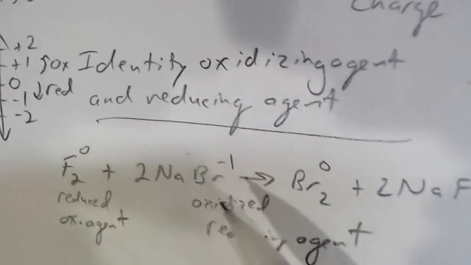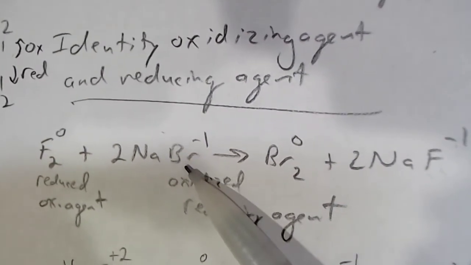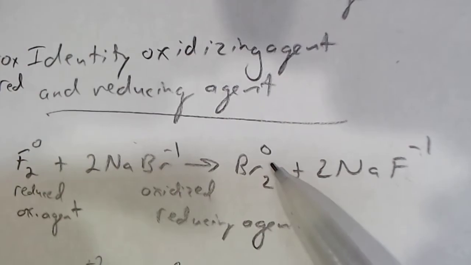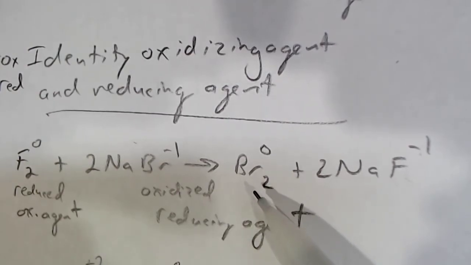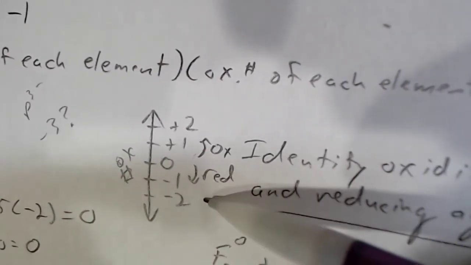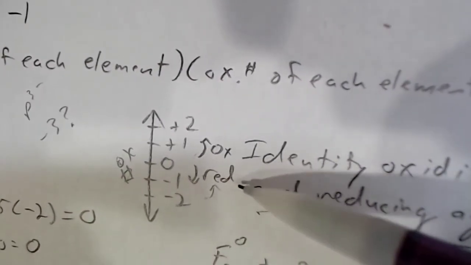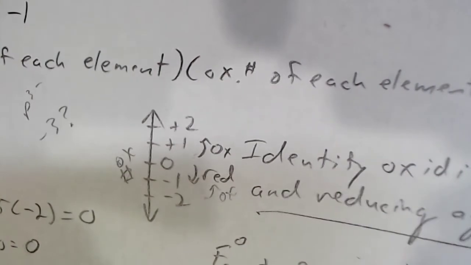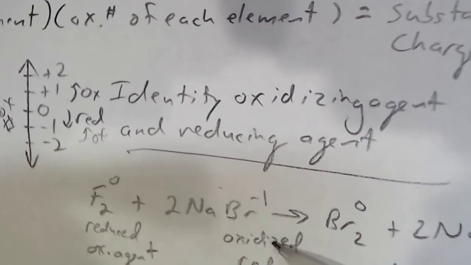And then also you can take a look at bromine. It was -1. You know this because it was next to Na, which was +1. And so it then turned into 0 oxidation number. That was pure bromine, elemental bromine. So it went from -1 to 0. It became more positive. So that is to be oxidized. So boom.